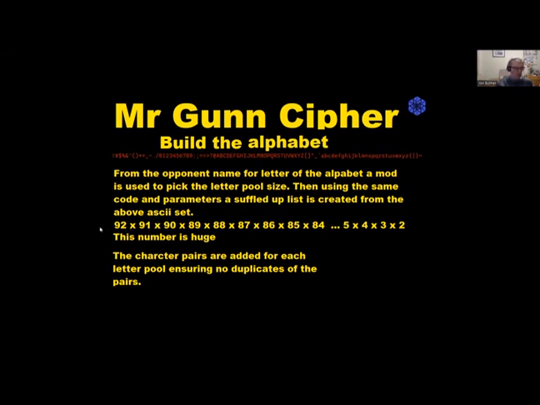To actually guess how this is all being shuffled up, you would have to do all this math beforehand, and we got a number that I couldn't even read. The calculator was becoming unreadable at the time. We were well over 100 zeros. And then you've got the character pairs which are added into the pools, and we've got a way of ensuring that there are no duplicates of the pairs of letters when we actually come to the end.